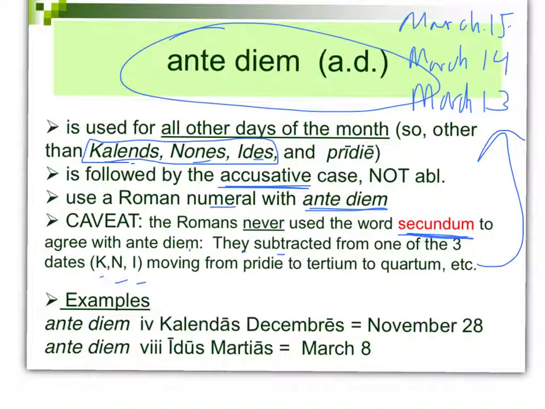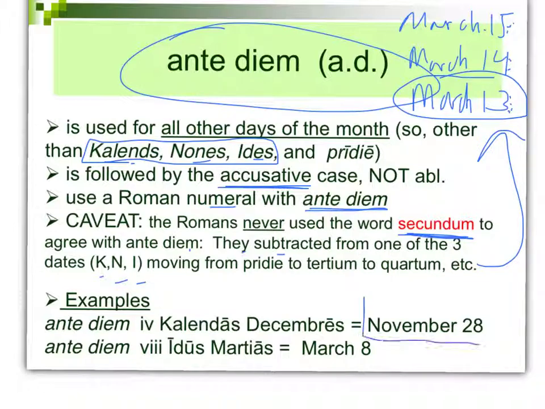March 14th would be pridie, the day before the Ides of March. But March 13th would be called the 3rd day before the Ides of March, again counting inclusively, 1, 2, 3, 13. Or backwards, Ides, 2, 3.